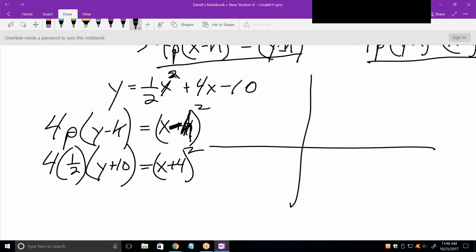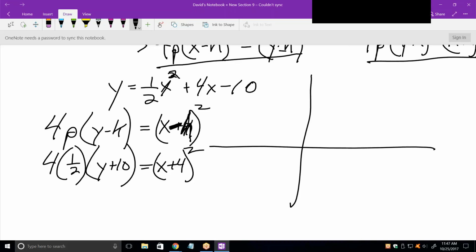The vertex is h comma k. H and k are always the vertex when it's in vertex form, or if it's merely an alteration of vertex form. This is still very much like vertex form, to the extent h and k are still the vertex.